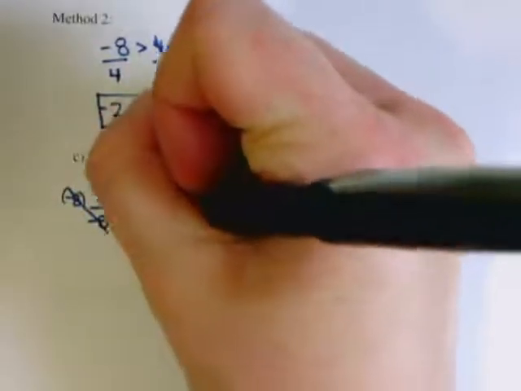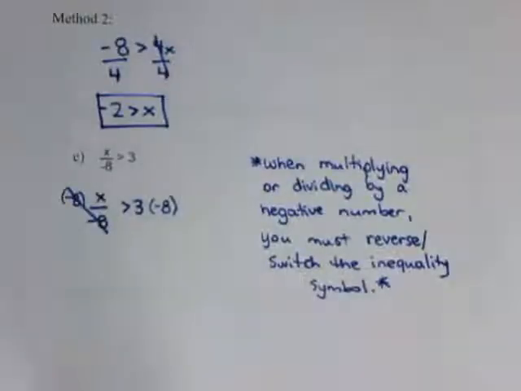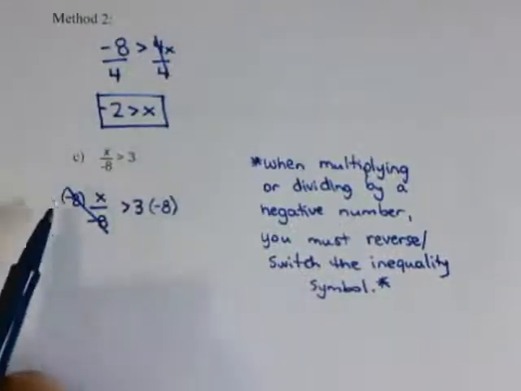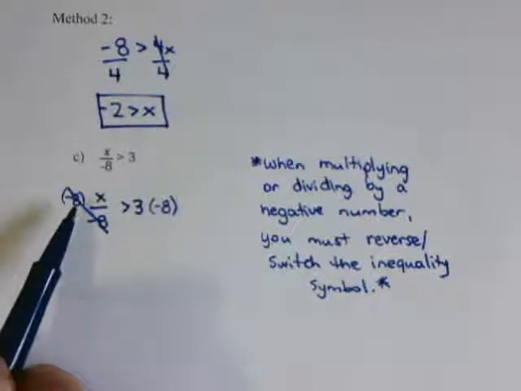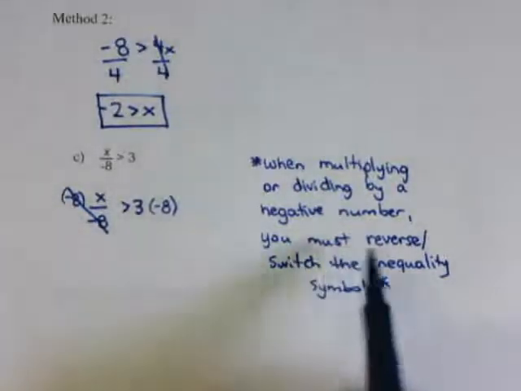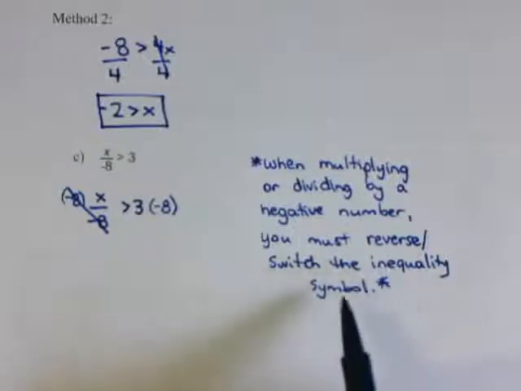And what we do to one side, we do to the other. Now, here's the trick. You multiplied by a negative number. Therefore, you must reverse or switch the inequality symbol.